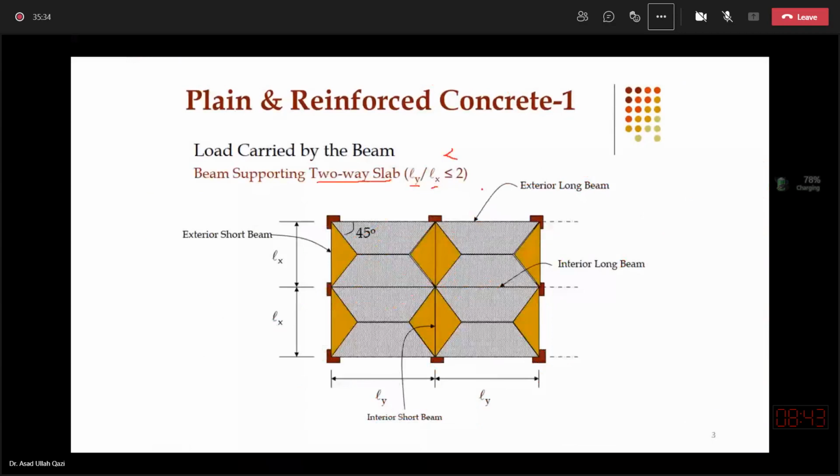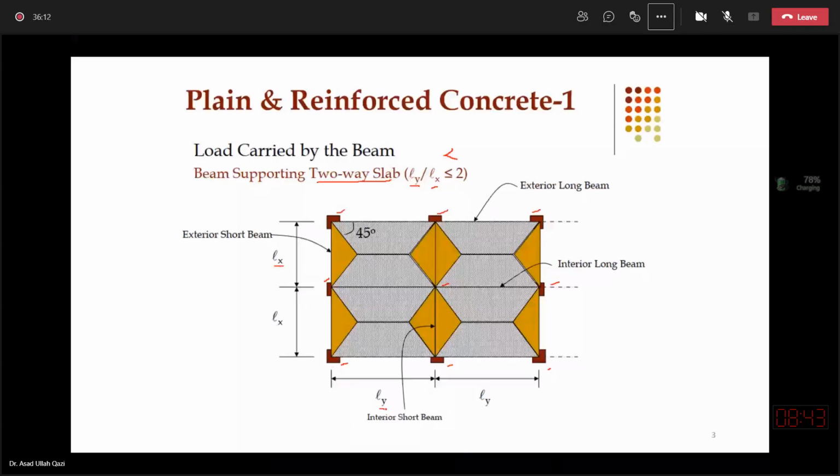So how will we estimate the load on the supporting beams? For example, in this picture, there are 9 columns: 1, 2, 3, 4, 5, 6, 7, 8, 9. So there are 9 columns and 4 panels, and each panel has the shorter dimension Lx, longer dimension Ly, and aspect ratio less than 2.